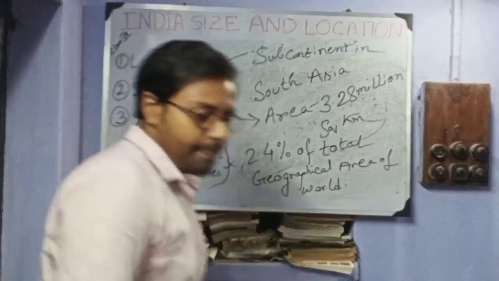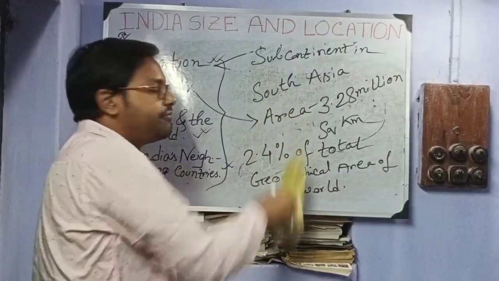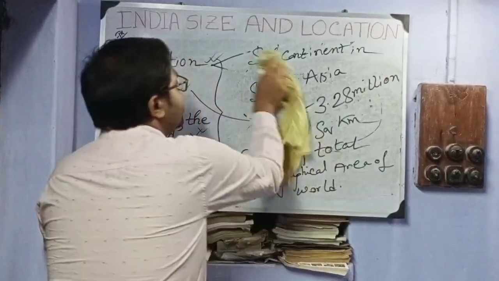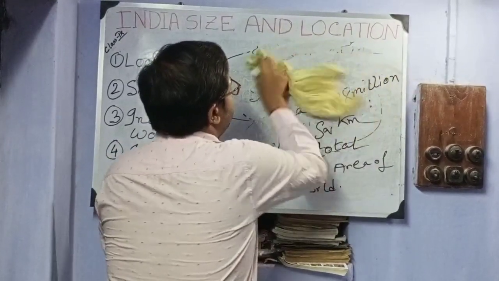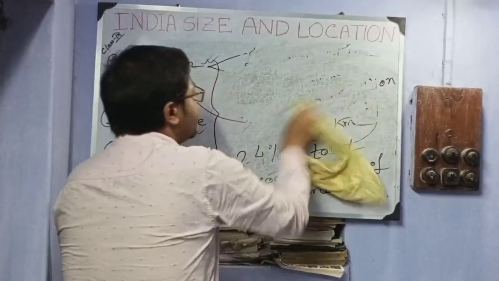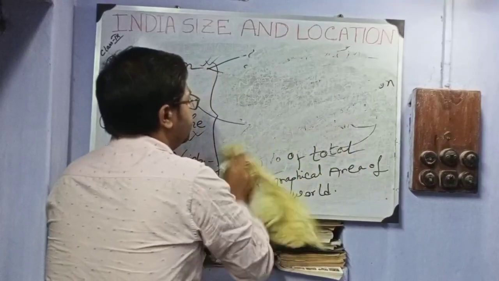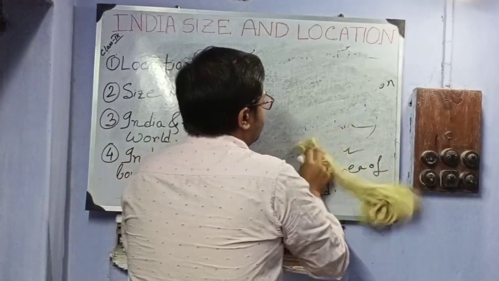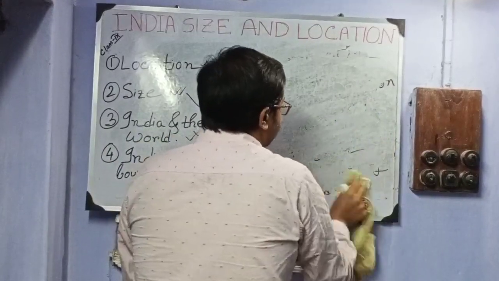This is the basic information to be noted. Now come to the border line. What is the total length of its border?